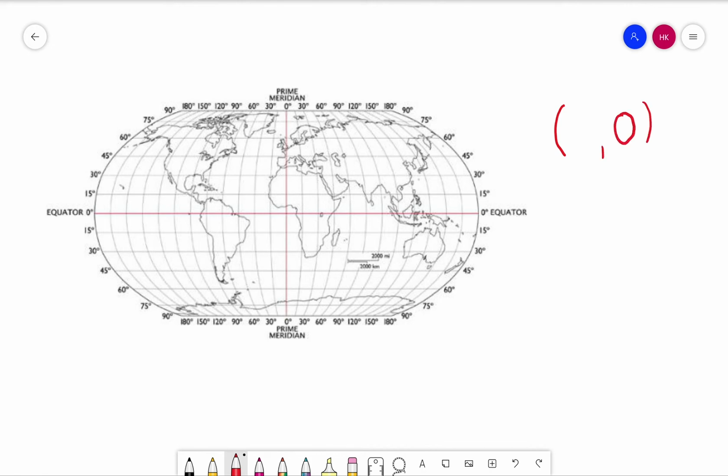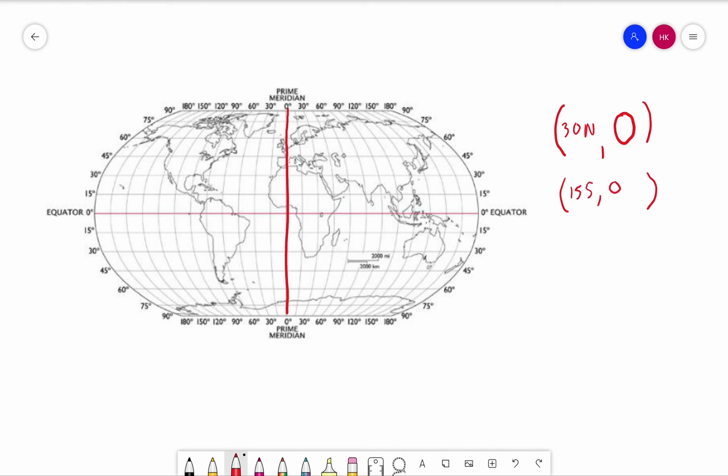So our longitude, we're just going to keep at 0. This is 0 longitude. So everything is going to be on that line, and we're going to be measuring our latitude. Okay, so we're going to start, let's say 30 north, and let's do 15 south.